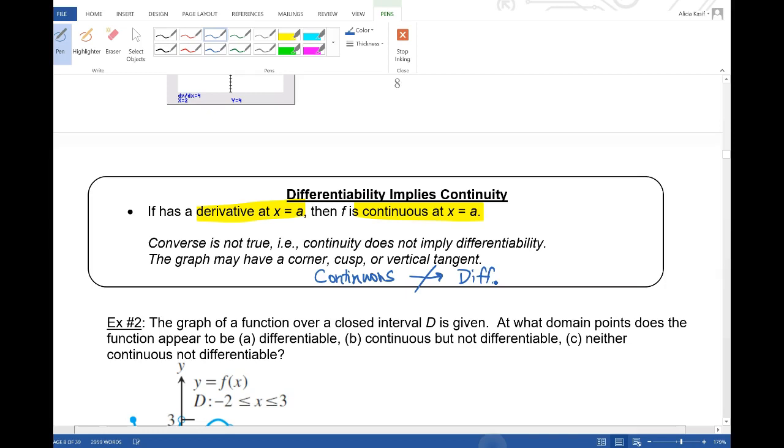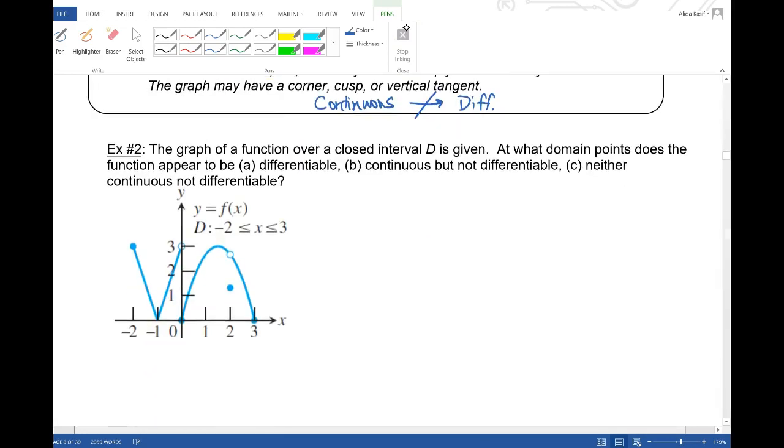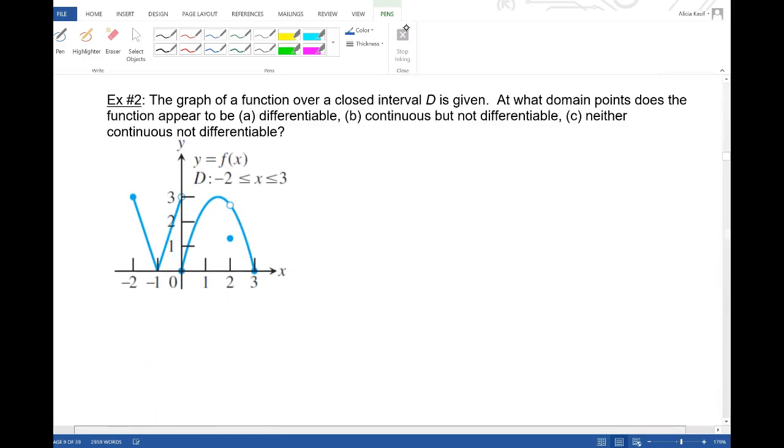That's not to say that it couldn't be differentiable. It just doesn't mean that it always implies differentiability. Are differentiability and derivative the same thing? Yes. Differentiability means that you can find a derivative. So you have to see if it's differentiable to see if you can find a derivative.